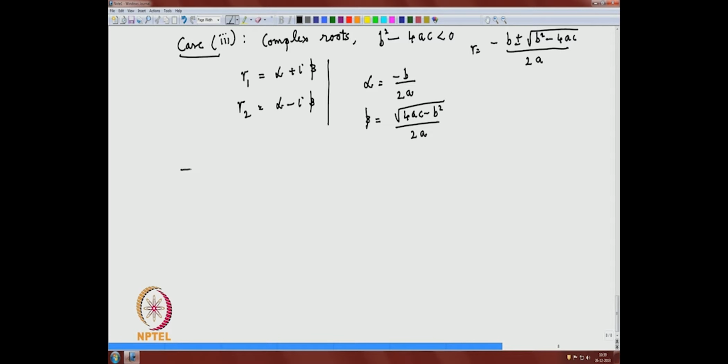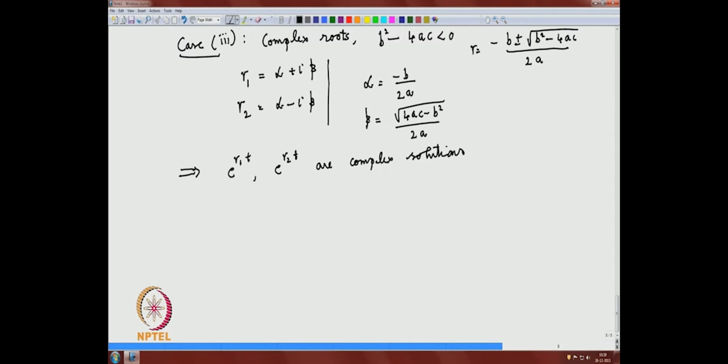So, that will give you e^(r1 t) and e^(r2 t) as complex solutions.